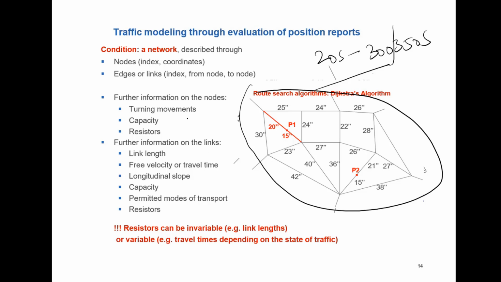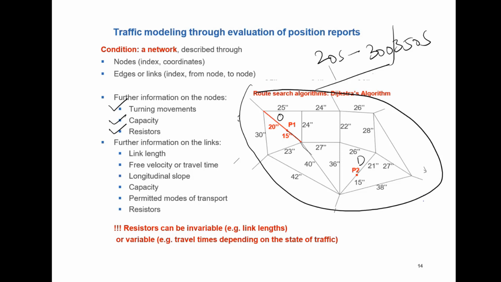For example, if this is your origin and this is your destination, we already solved that problem in our previous lecture. We are trying to go from here to there. While moving from origin to destination, we should be sure about the turning movements. We should also be sure about the capacity along with the resistance.